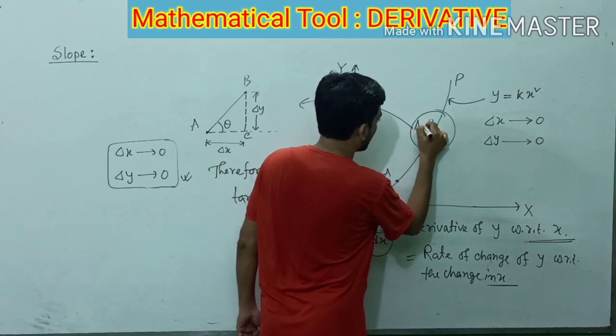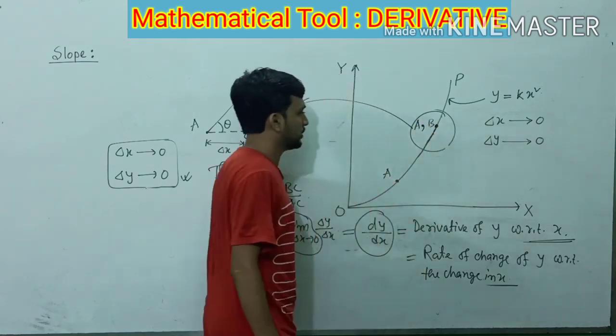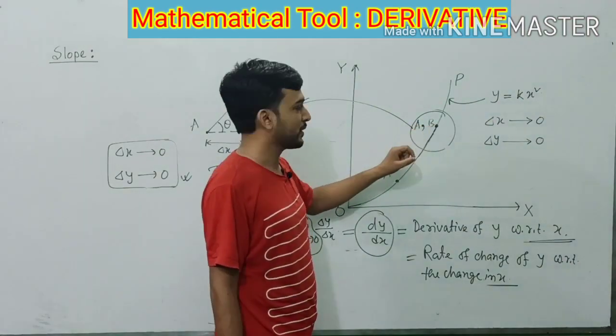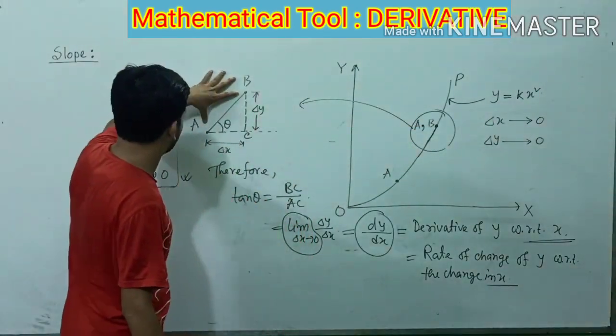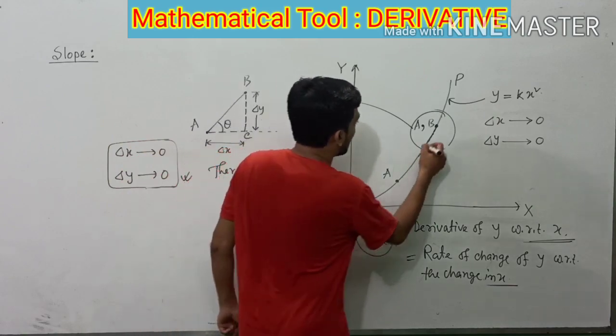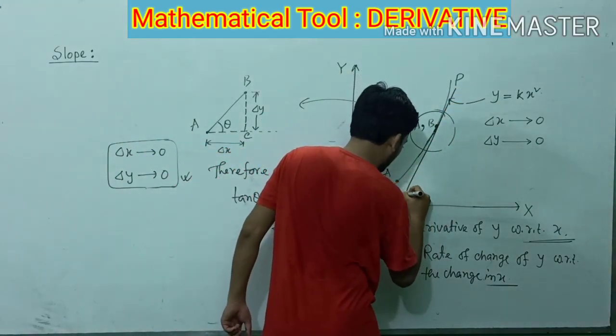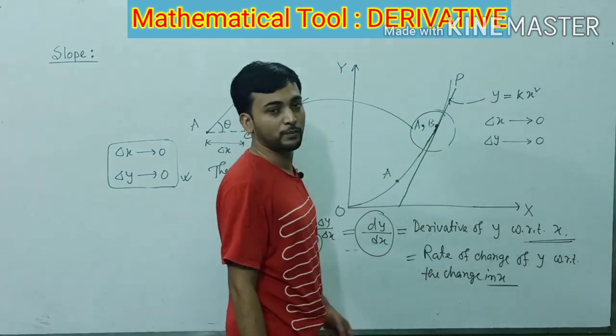We can write here A comma B. This point is now given two names, either A or B, and what will this line AB be? This will become a tangent. What is a tangent? A tangent is a straight line that will touch a curve at a particular point.